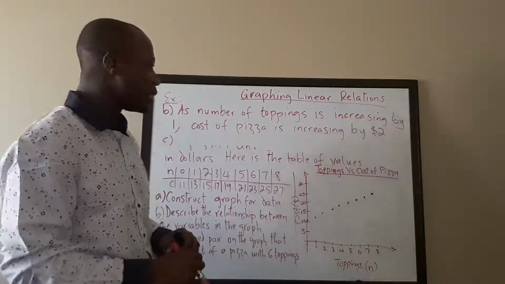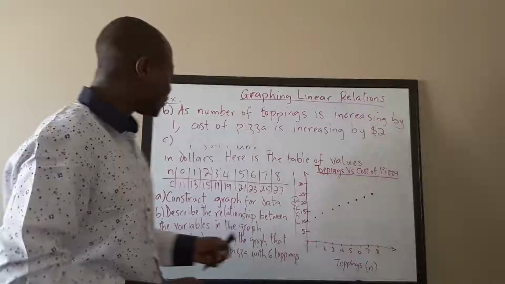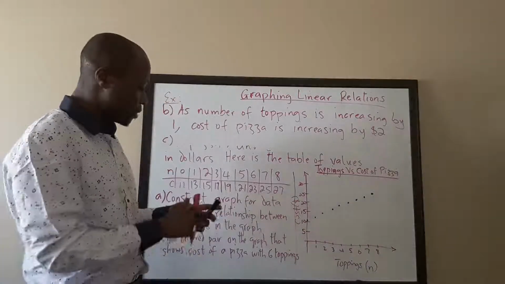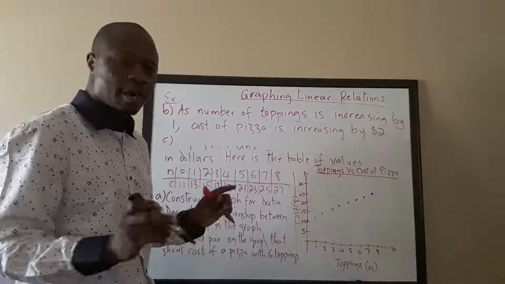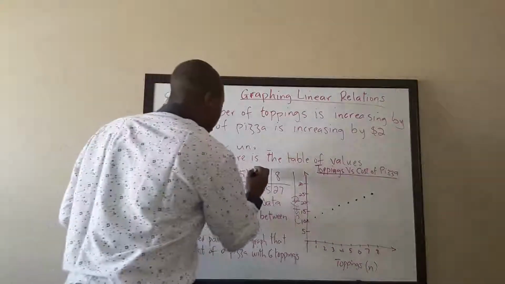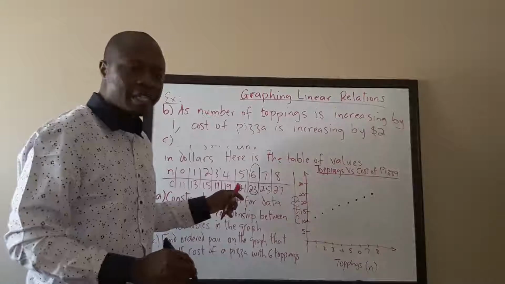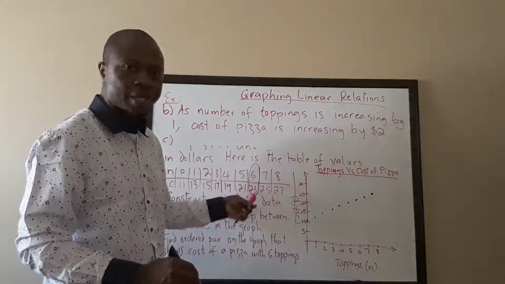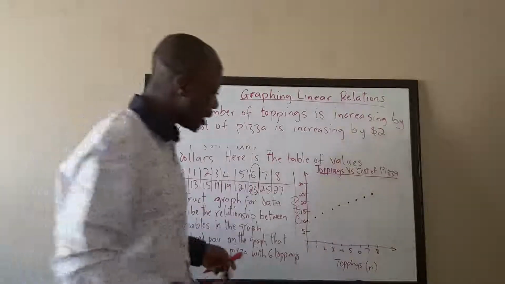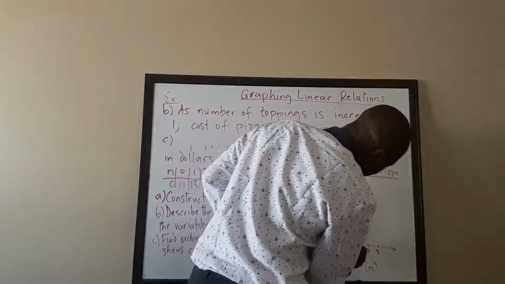I'm going to do this from the graph as well as from the table of values. They're asking for 6 toppings. I can see 6 toppings right here. That means that when you're having 6 toppings, you're going to pay $23. Now let's check over here too. Now 6 is this one.